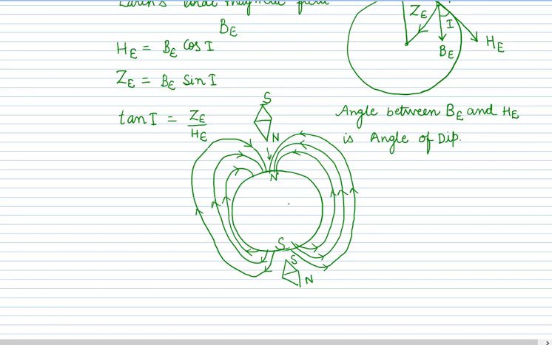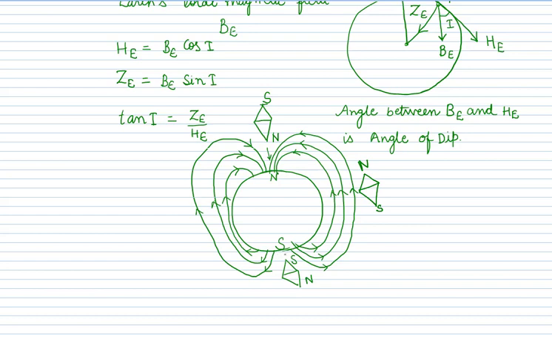So this way, anywhere on the surface of the Earth, you can find out the direction of compass needle. Say for example, I place my compass needle over here. So you see that magnetic field lines are going upward direction. So this will be the North Pole and this will be the South Pole shown by the compass needle. So that is how easily you can use a compass needle.